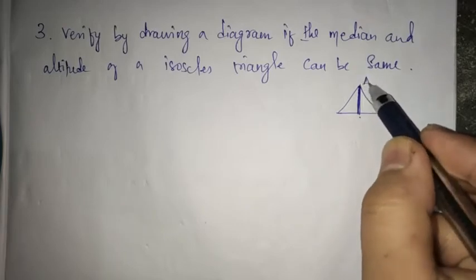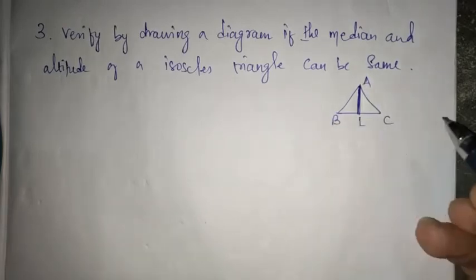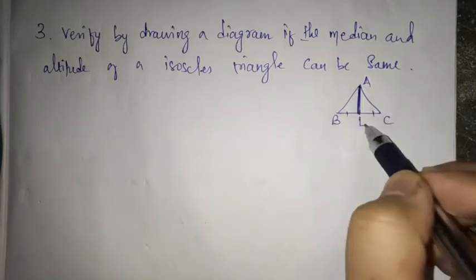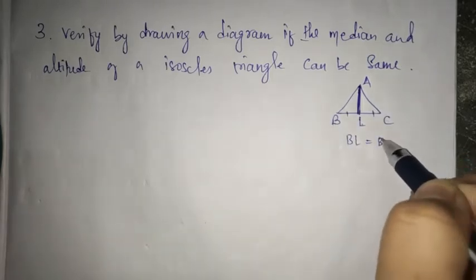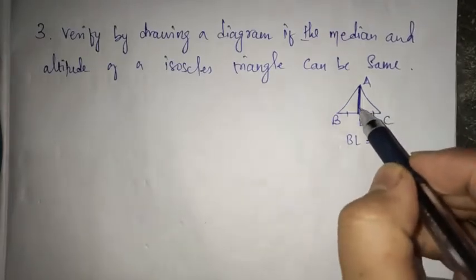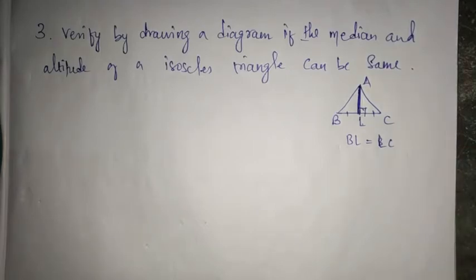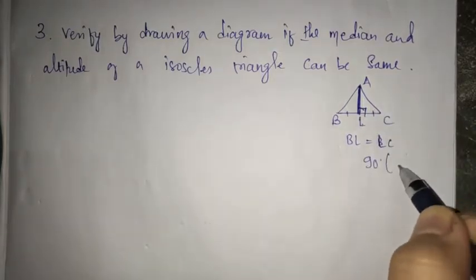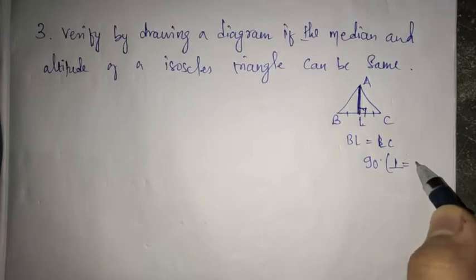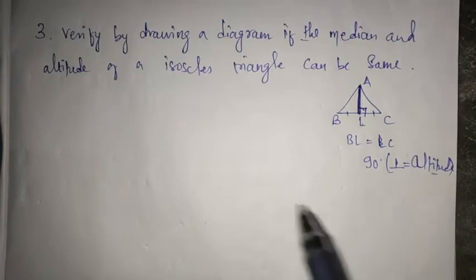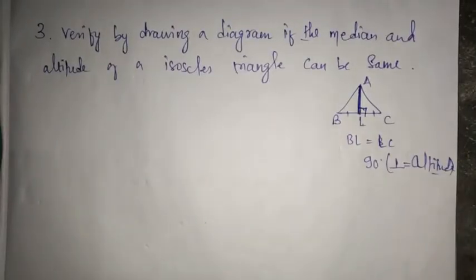Suppose ABC, and I say L here, suppose this is a median, and this part BL will be equal to LC, that becomes your median, right? And altitude, if I put a right angle sign or 90 degrees, then that becomes your perpendicular, which is the altitude, right? So here this is your median and this is your altitude.